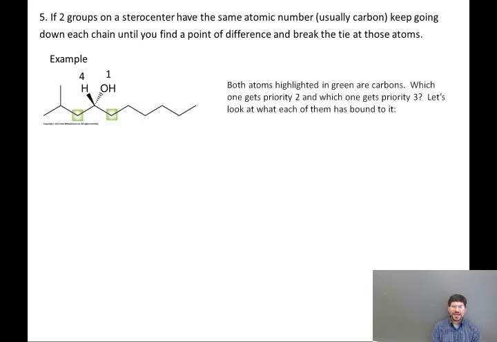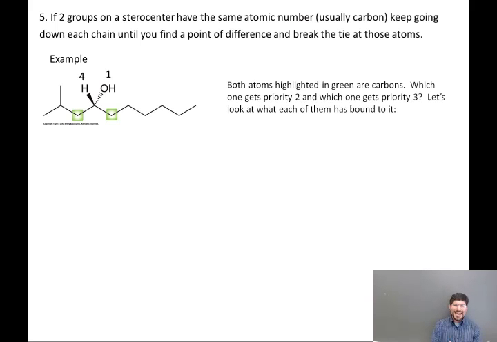That's an alcohol similar to 2-butanol, but on one side we have a hexyl chain, just 6 carbons, and then on the other side we have an isobutyl group. Remember your isobutyl groups from the lesson on nomenclature?